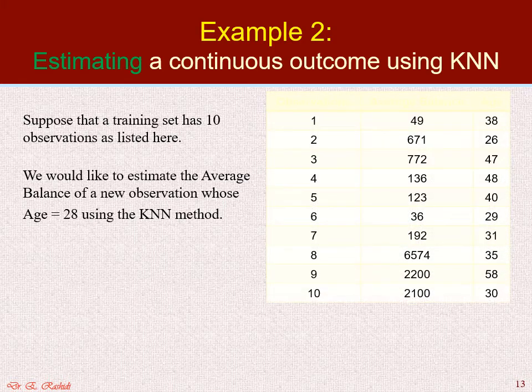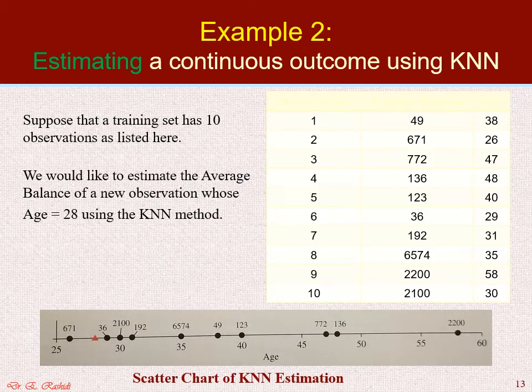So these are our data, the average balance, which is the target variable, in the second column, and the age, the feature variable as a predictor, is in the third column here. Because we only have one feature variable, one independent variable predictor here, we can actually plot our data on only one axis, the x-axis. So here, the x-axis shows the age of the clients or the customers.